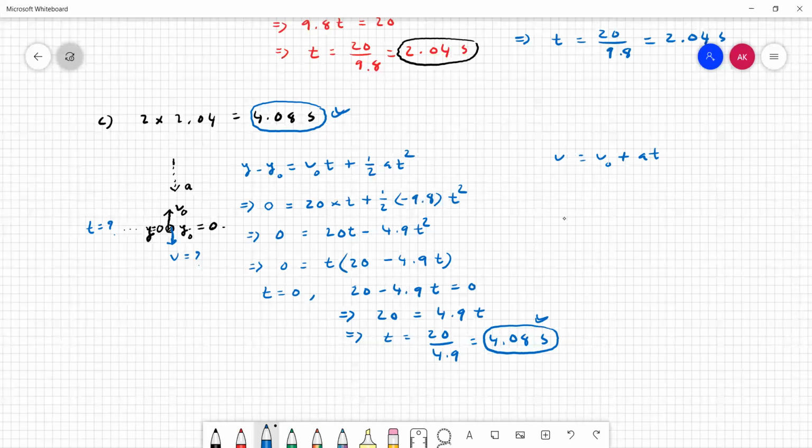We don't know this one, but we know initial velocity is 20 and a is negative 9.8, if we use, of course, upward to be positive. For every equation we use, we should show our coordinate axis. There also I have used upward direction to be positive.